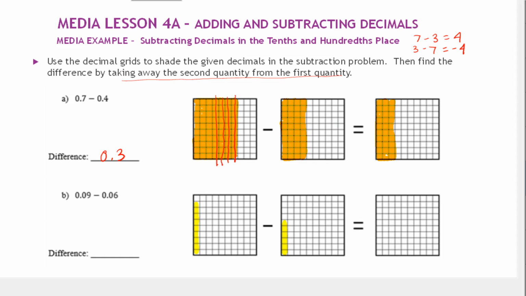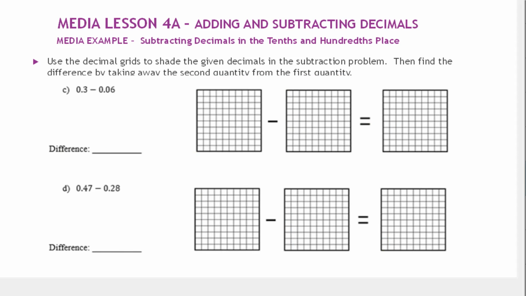So I'll use the red pen to cancel out 1, 2, 3, 4, 5, 6. And notice what's left is 1, 2, 3 hundredths. I'll write that in our final answer. So what remains is 3 hundredths. So the difference is 0.03.